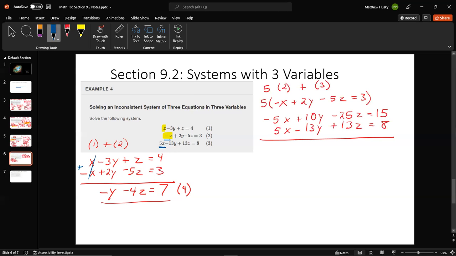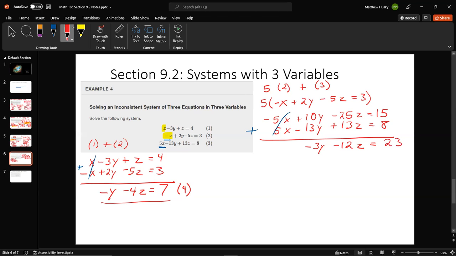And then like before, we're going to add everything up. Those will get eliminated. 10 minus 13 is negative 3y. What is this? Negative 25 plus 13, that's going to be negative 12z. And then 15 plus 8 is 23.